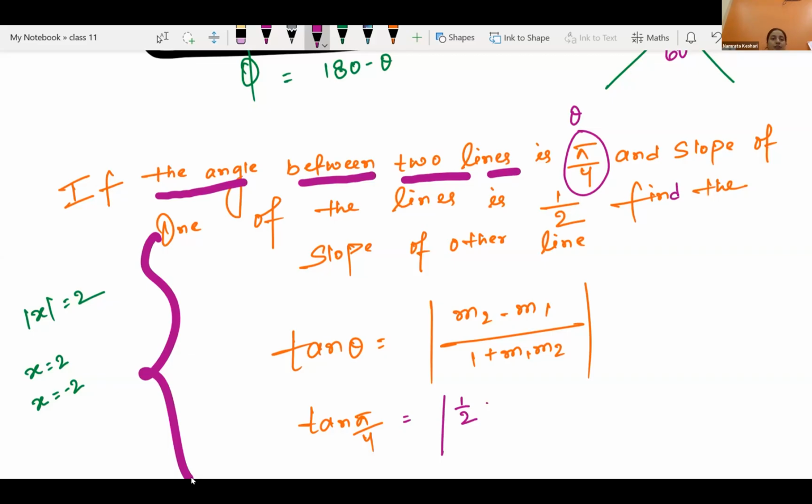You can take either m1 or m2 as the unknown, whatever you are taking is fine. I am saying m1 is given, m2 we have to find. So (m2 minus 1 by 2) over (1 plus 1 by 2 into m2). Clear?